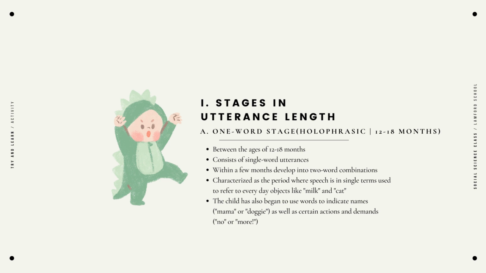Children may extend their usage of these holophrastic utterances outside of just naming objects. But this remains very different from adult utterances because at this stage, children only use language for social purposes. For example, when they're trying to convey their feelings or express their ideas.